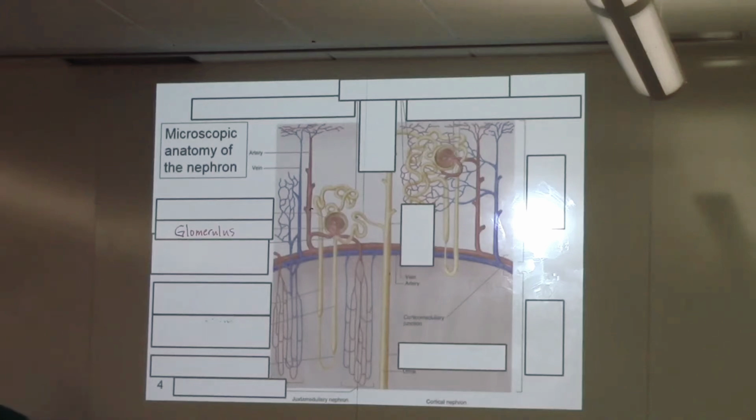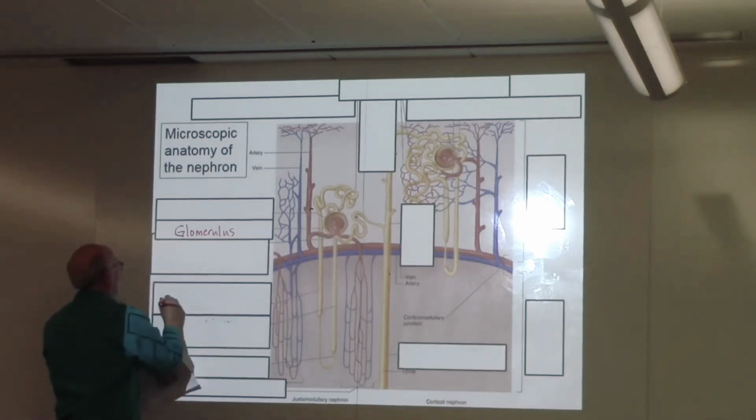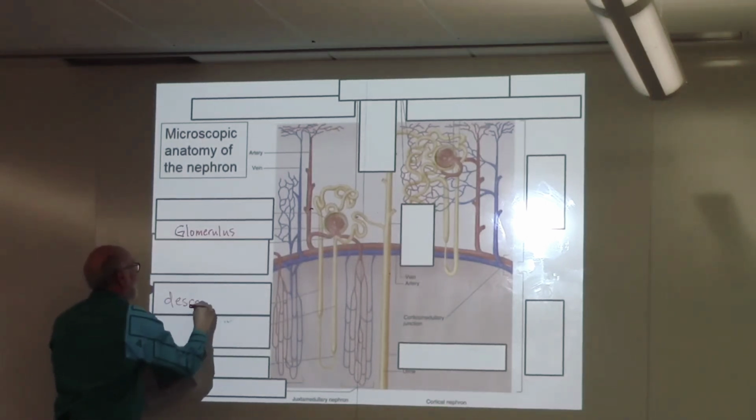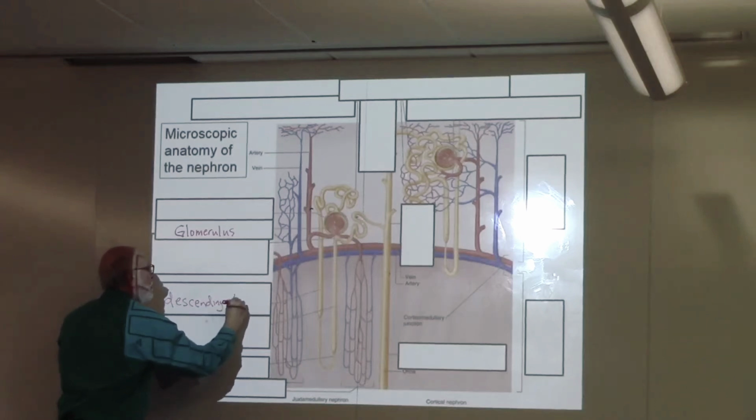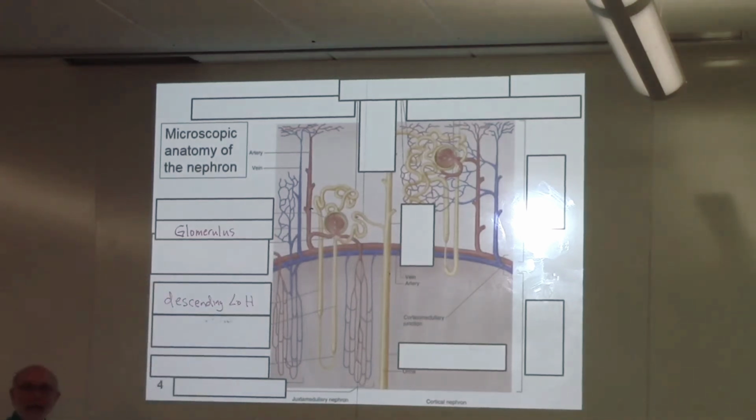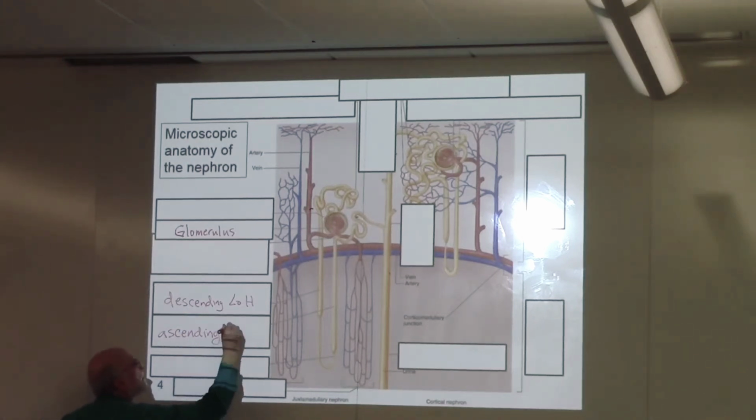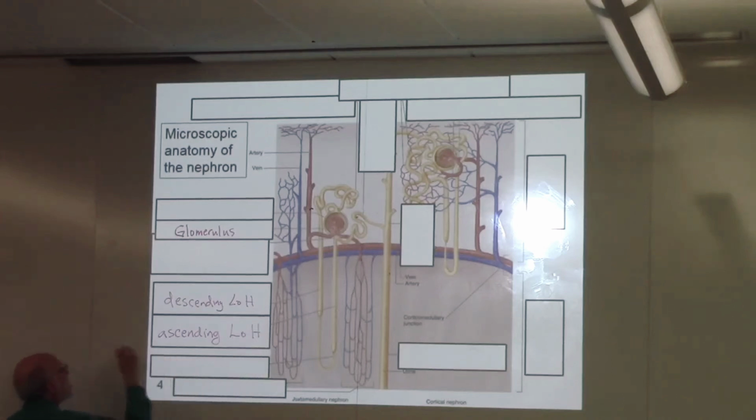So don't worry about thick and thin, but do worry about descending and ascending. So this one, it turns out, is the descending loop of Henle, descending limb of the loop of Henle. And this one is the ascending. And you'll see why. Loop of Henle is spelled H-E-N-L-E.